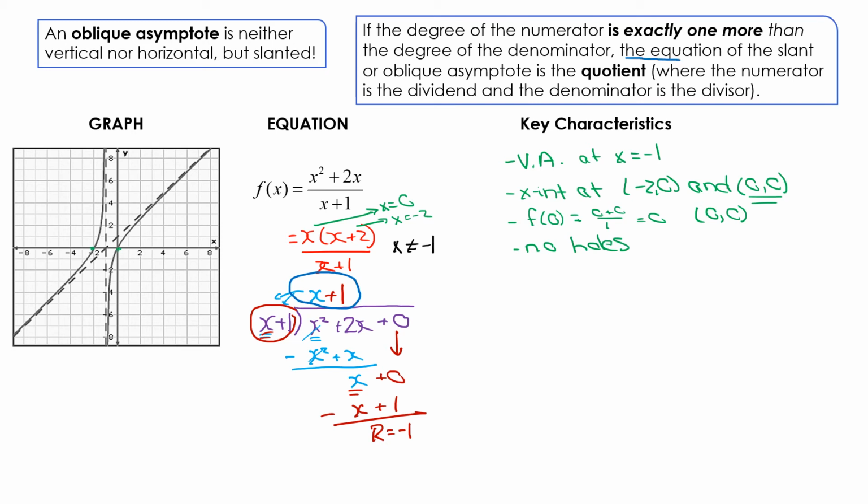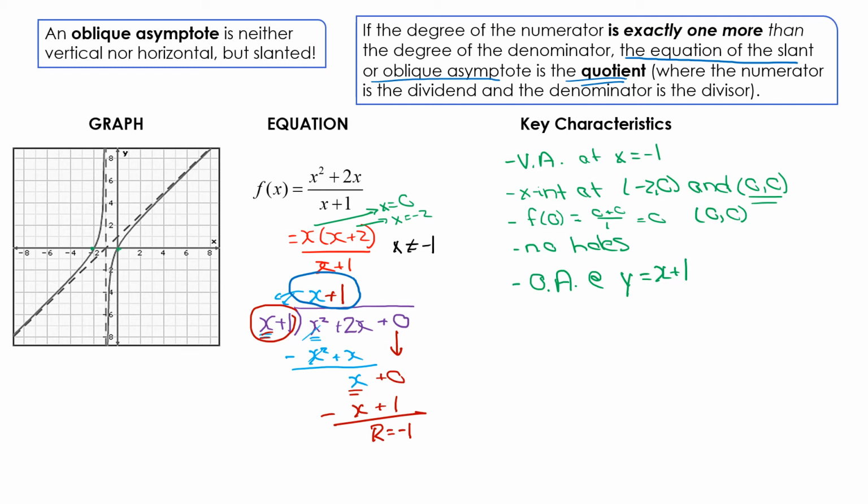The equation of the slant or oblique asymptote is the quotient. So that means, back over here to our key characteristics, we've got an oblique asymptote at, now we have to put a y equals, this is an equation, y equals mx plus b, back to grade 9, y equals x plus 1.